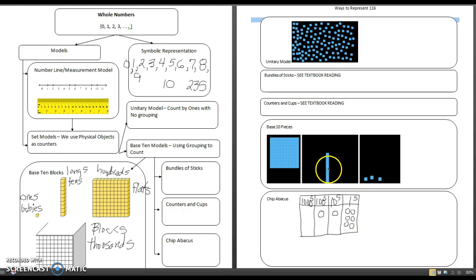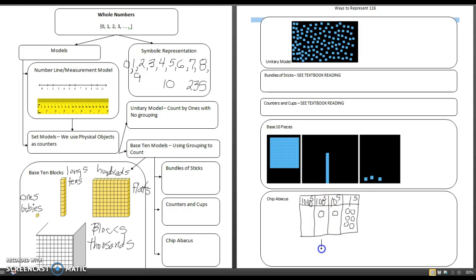So if I look here, the pieces are different shapes. And that's great because they show it takes 10 ones to make a 10, 10 tens to make 100. But then using the chip abacus here, we're literally counting how many hundreds, how many tens, how many ones. And then this directly relates to how do I write that number correctly using symbolic representation.